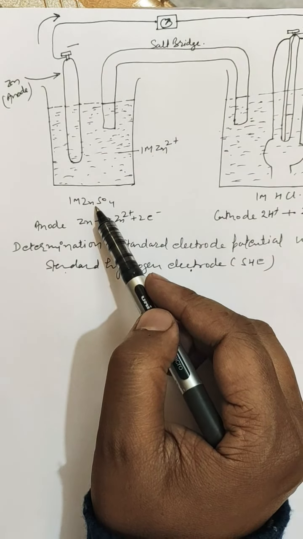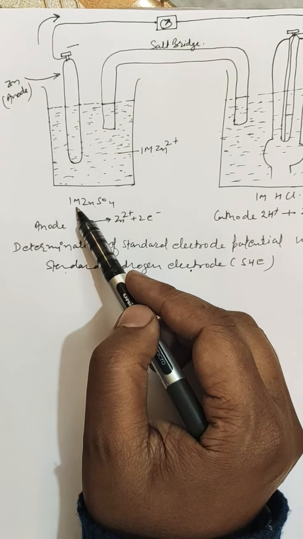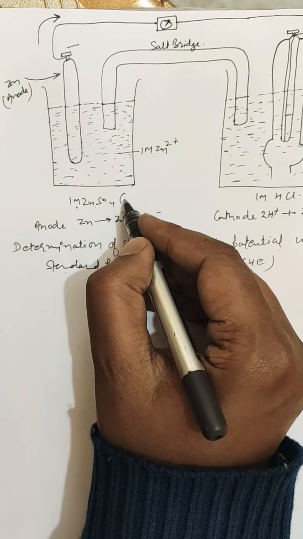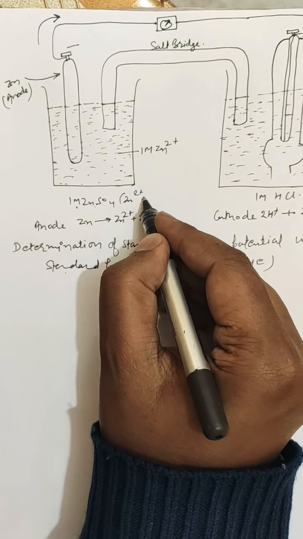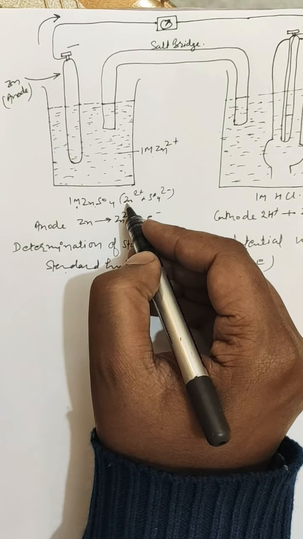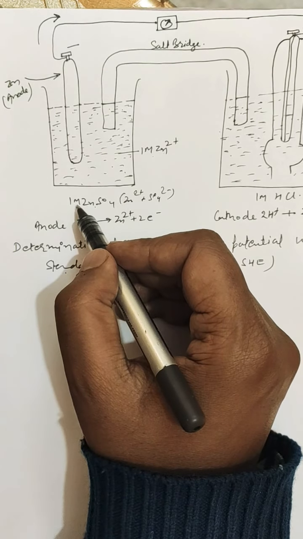So a solution of zinc sulfate is made at 1 molar concentration, and in zinc sulfate, zinc exists as zinc 2 positive plus sulfate 2 negative. We are concerned with the concentration of the zinc ions, and it is maintained at 1 molar.